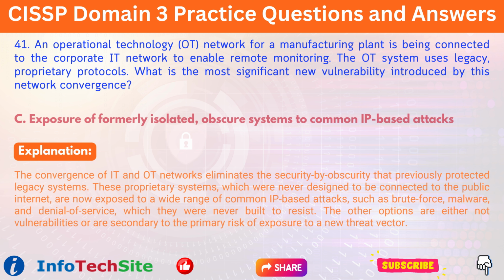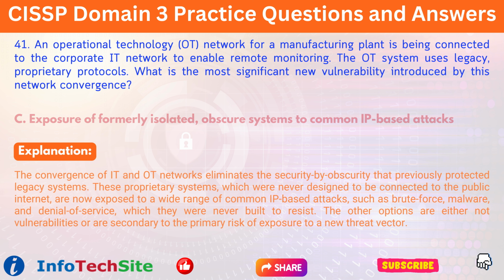The correct answer is C. Exposure of formerly isolated, obscure systems to common IP-based attacks. Explanation. The convergence of IT and OT networks eliminates the security by obscurity that previously protected legacy systems.